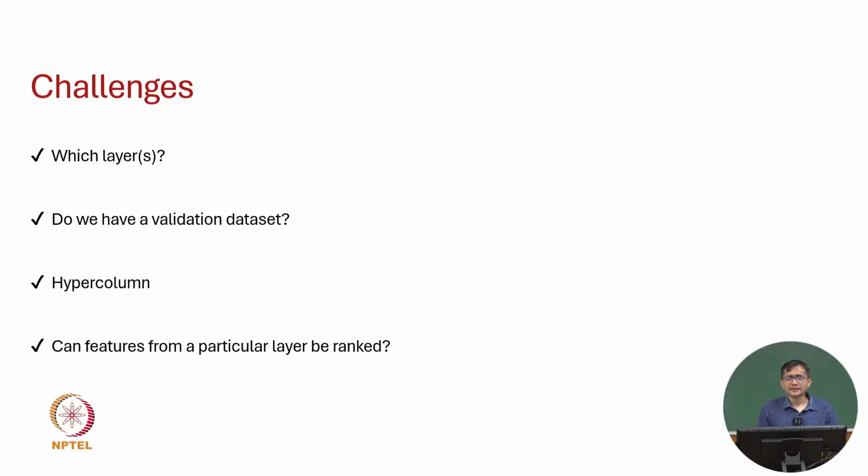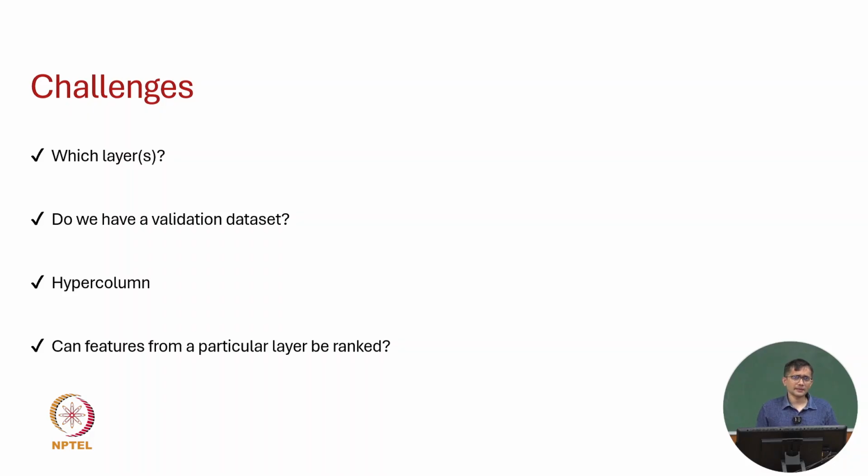One possibility could be if we can actually rank the features from a particular layer. So we don't need to take all the features from each layer, right? So let's say we have one layer with 56 features, another layer with 56 features. Instead of taking all 56 plus 56, that is 112, if we can choose 10 from one layer, 10 from the other layer, the number remains controlled.